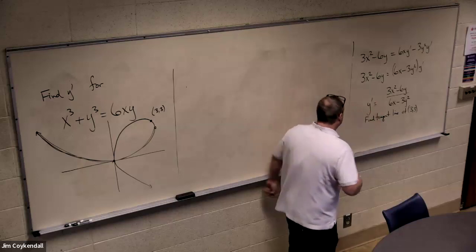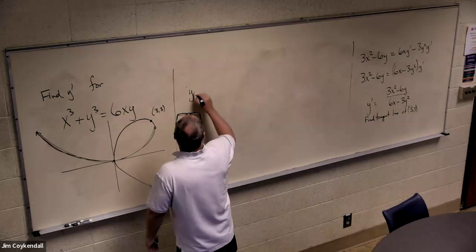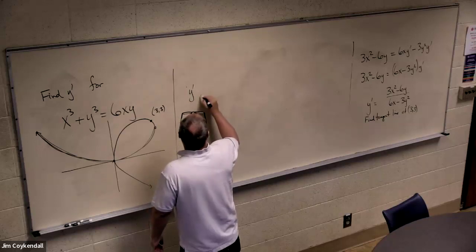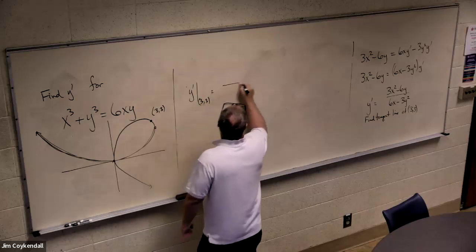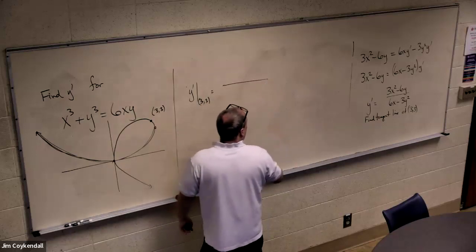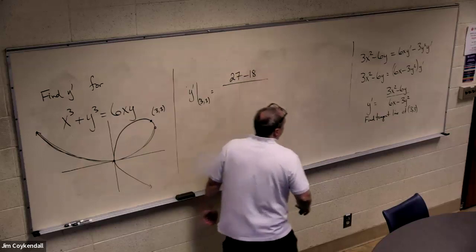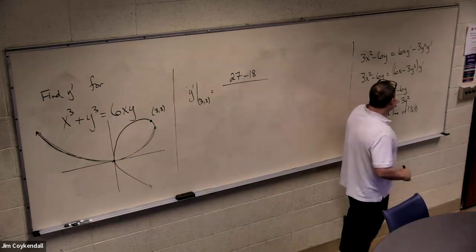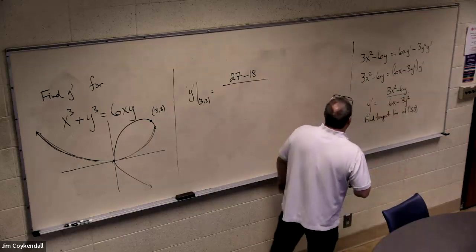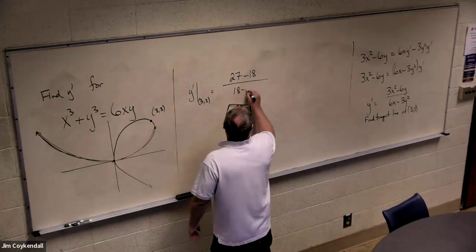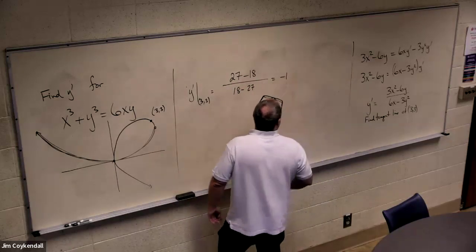And so if you plug in 3 for both x and y, this is equal to 27 minus 18, since 3 times 9 is 27, and then I get 18 minus 27. So that's 9 over minus 9, so you get minus 1.